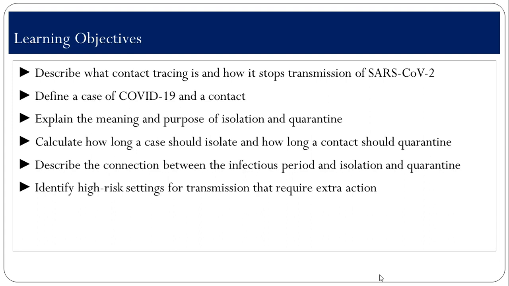You should be able to explain the meaning and purposes of isolation and quarantine. You should be able to calculate how long a case should isolate and how long a contact should quarantine based on what we know about the infectious period. And also you should be able to describe the connection between the infectious period, isolation and quarantine.